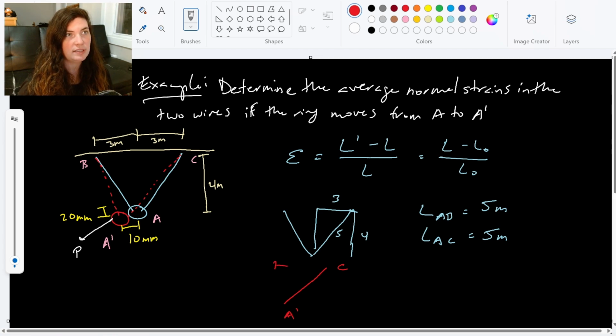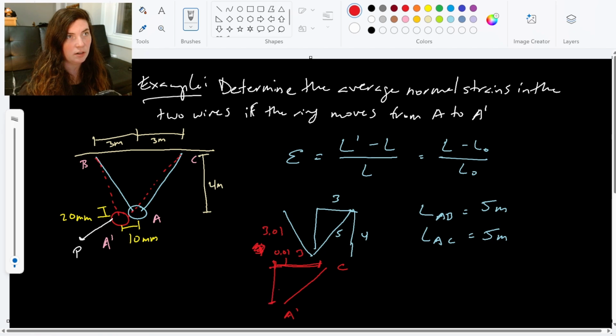So this new distance here is going to be 3 meters plus 10 millimeters, right? It's adding on to that length. We had the 3 meters and then plus 0.01 meters. So that gives us 3.01 as our top length.